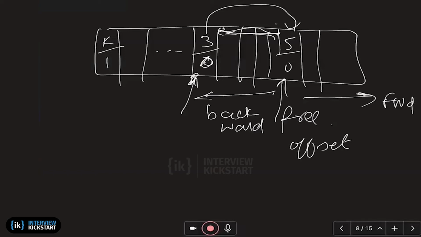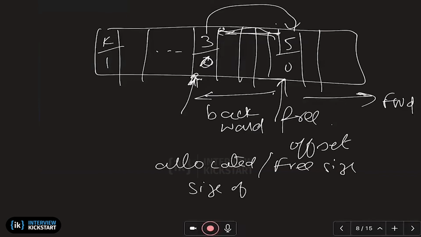So you keep track of the allocated or free size, and the size tells how far you need to move to reach the previous adjacent free block.